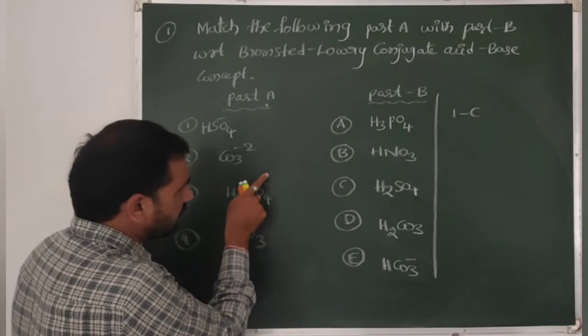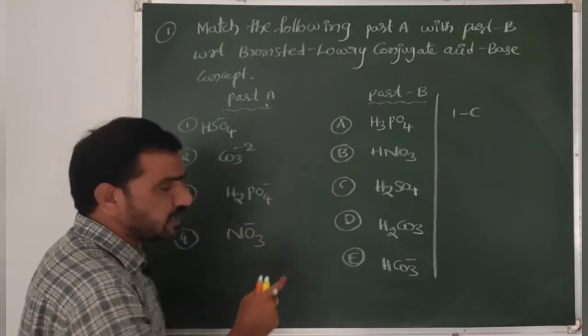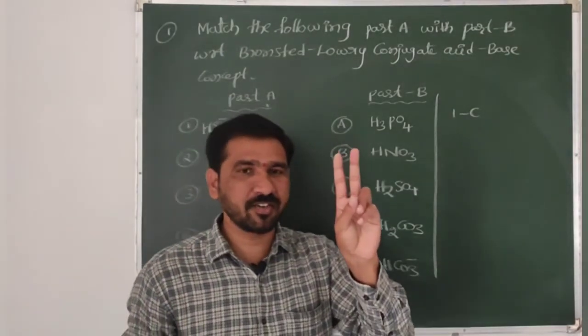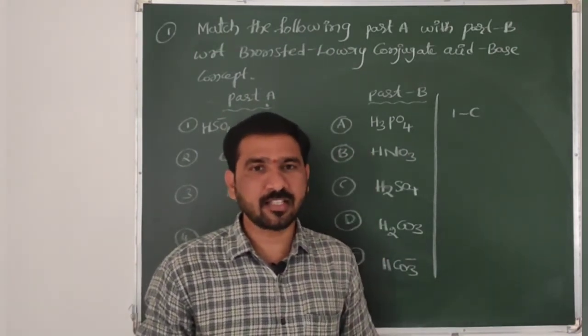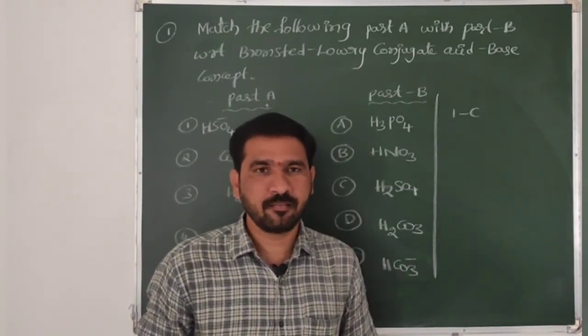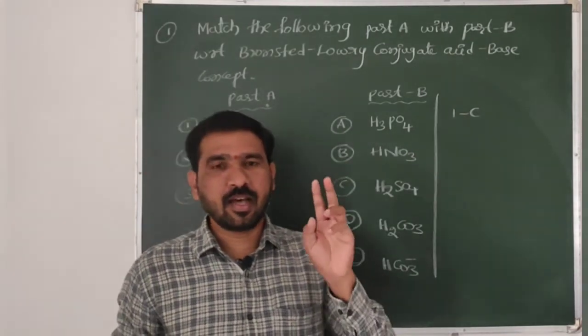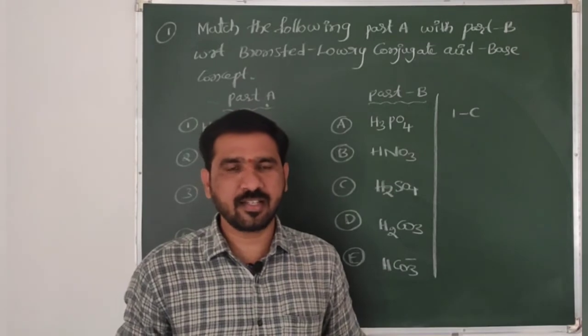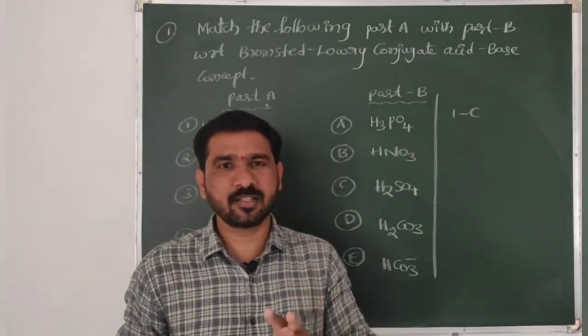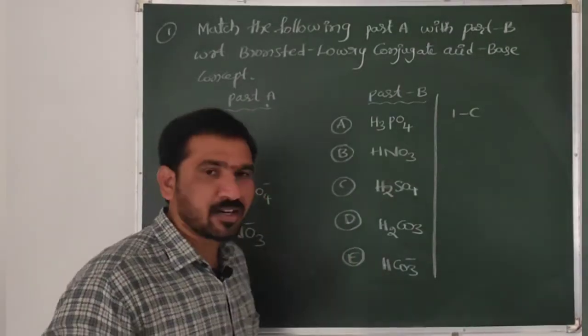Between these two, second and D, if you see, two protons differ. That pair is not considered a conjugate acid base pair. Simply remember, beta, only the acid base pair which differs by one proton is considered a conjugate acid base pair. So D is not the right answer.